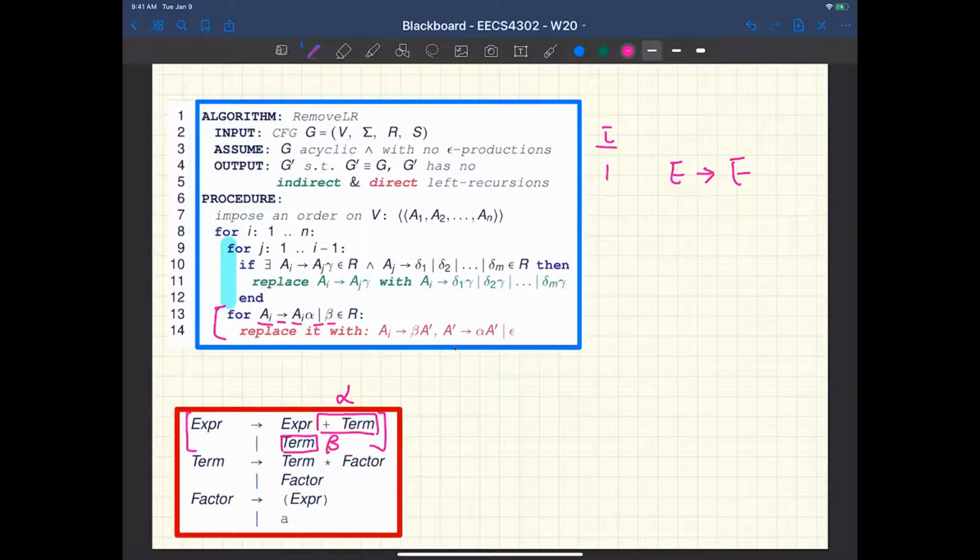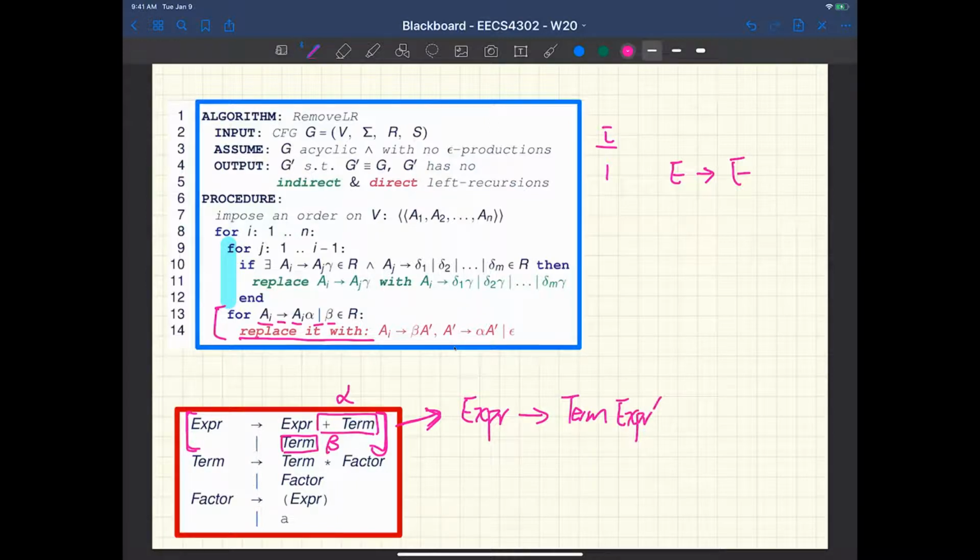I simply follow a standard procedure. First of all, the pink one over here is going to be replaced by Ai, which is expression, produces beta, which is term, followed by a new variable. I would say usually just prime the original one: expression prime.